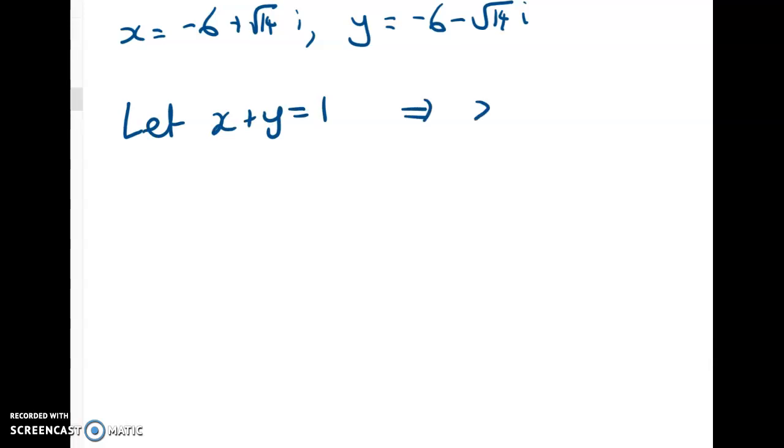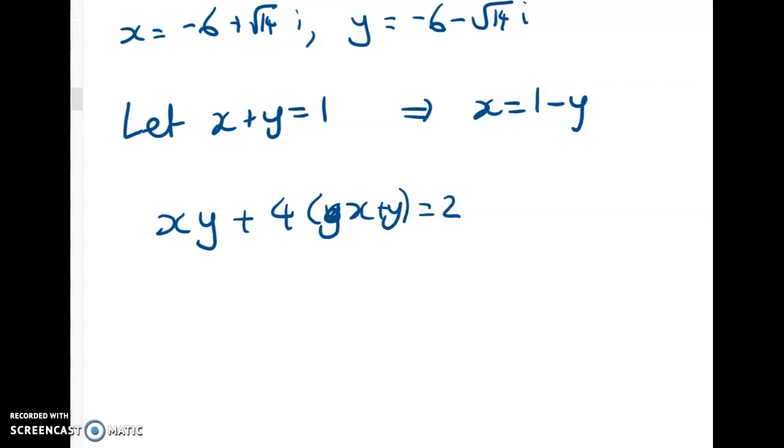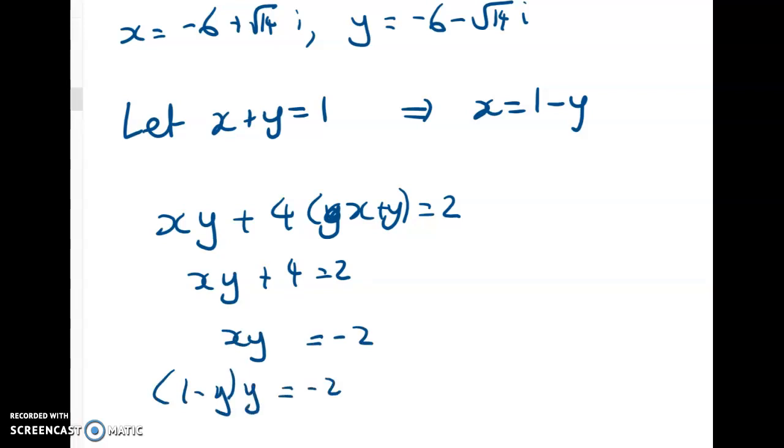So again, we're going to have x is equal to 1 minus y, or you could do it the other way around. Substitute into xy plus 4 times (x plus y) equals 2. And that gives me xy plus 4 equals 2. xy equals negative 2. (1 minus y) times y is negative 2.